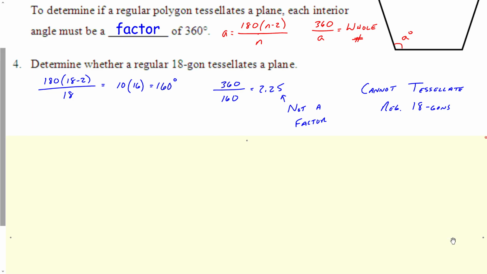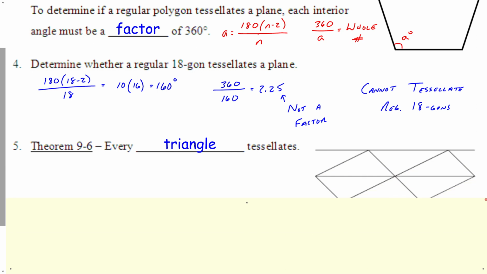So to save us a little bit of time, there are a few shapes that can always tessellate no matter what. The first being triangles. So earlier this year we talked about why all the angles of a triangle add up to 180 degrees and how it's related back to alternate interior angles.